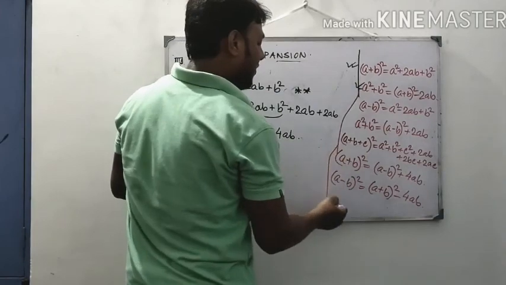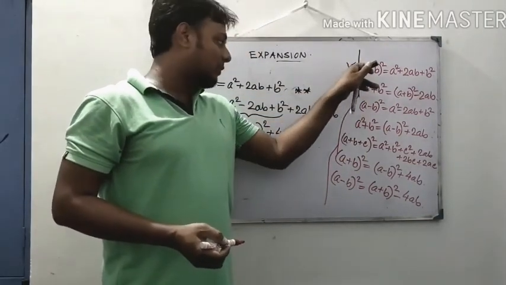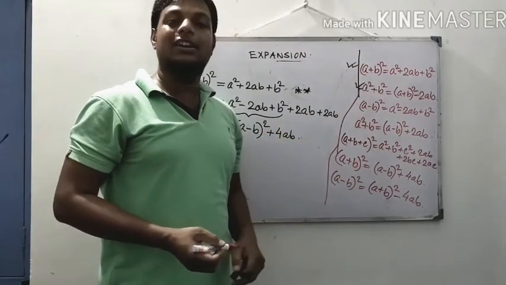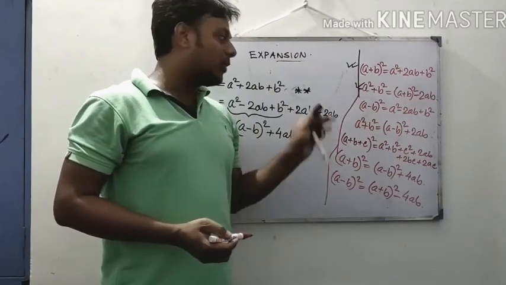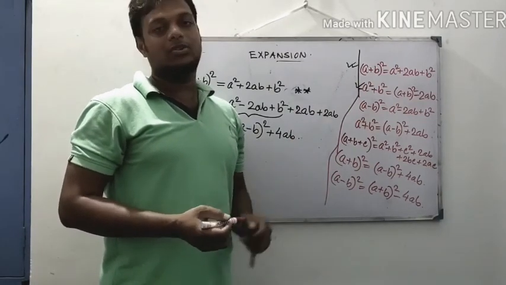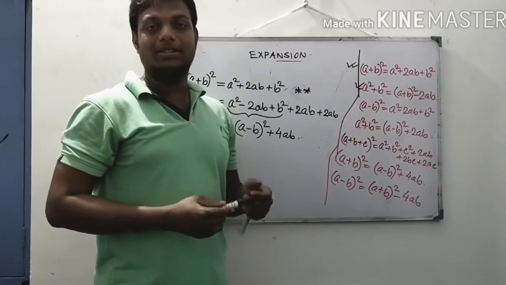So these are all the identities for the first chapter, and you have to memorize all these identities thoroughly. Then each and every problem of this chapter you are able to solve. Understood? Otherwise you are unable to solve. Very simple.